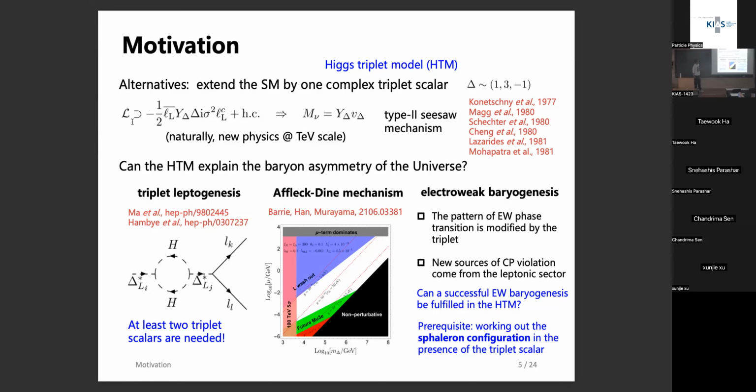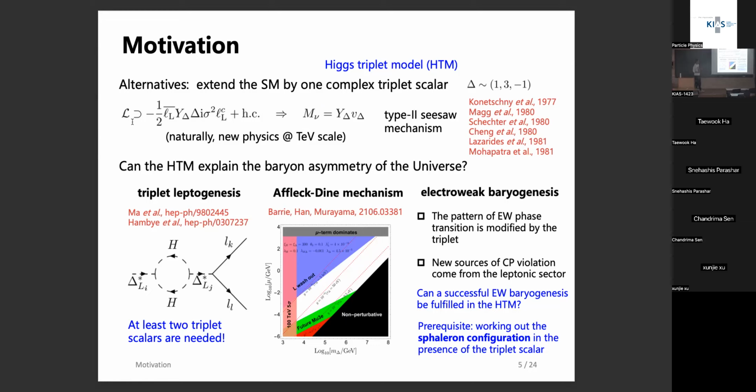And in this model, which is called the Higgs triplet model or type 2 seesaw model, the vacuum expectation value of this triplet can actually give the tiny Majorana mass for neutrinos. Here, this Majorana neutrino mass is proportional to Y_Δ, which is the coupling, and v_Δ, which is the vev of the triplet.